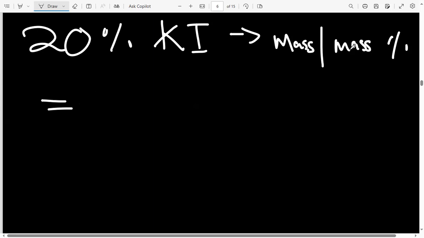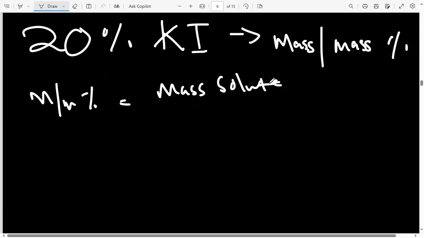Mass by mass percent will be equal to, let me write it like this, the mass of the solute divided by the mass of solution.